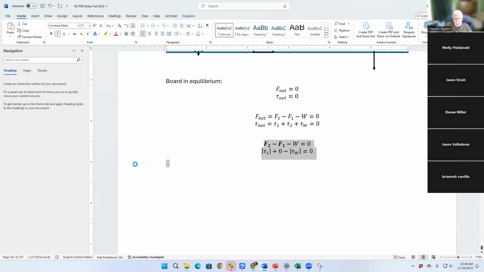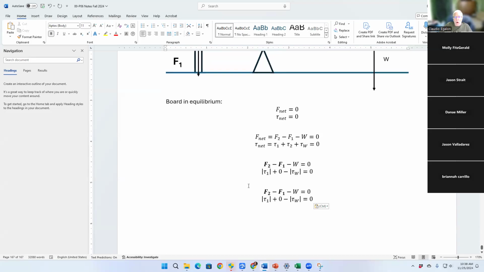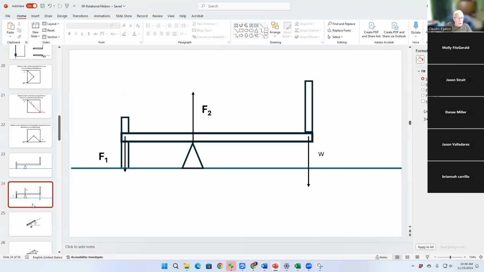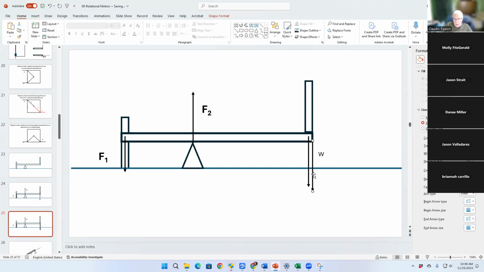Okay, so let's continue with the solution. The torque of 1, I'm going to illustrate that for you in the second drawing. That's the vector position of the point of application of the force with respect to this point in the board.